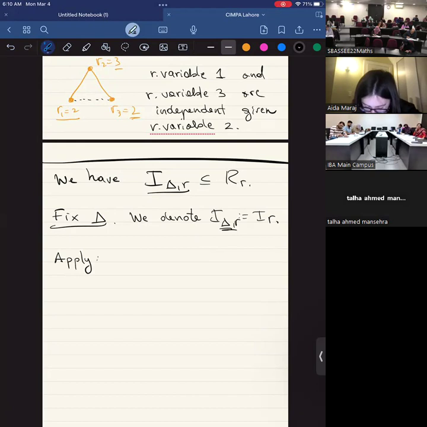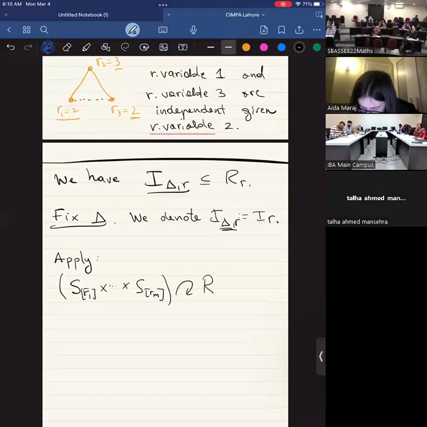So apply S R1 times and so on times S Rm to this R of R, such that, similarly to before, sigma 1, sigma m acts on x I1 Im by acting on the indices.